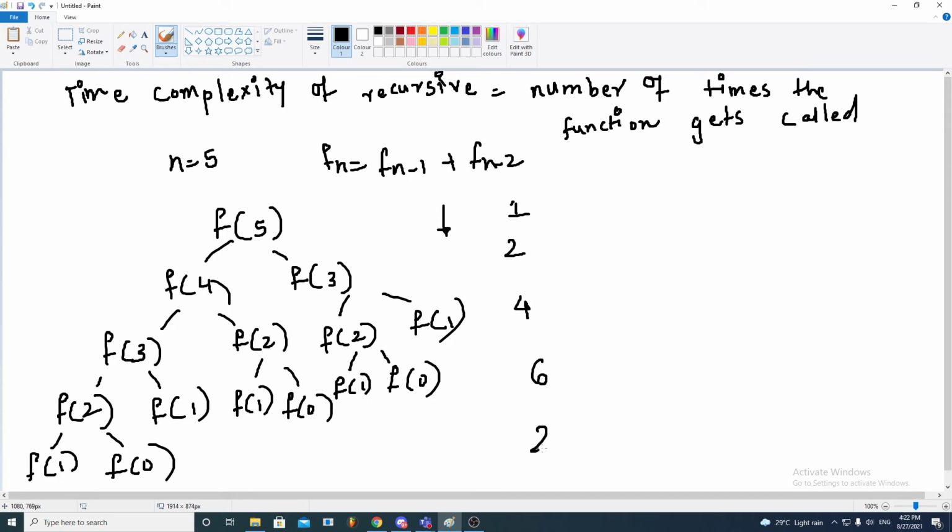So the total number of times the function is getting called is 1 plus 2 plus 4, 7, 13, and 15 times.